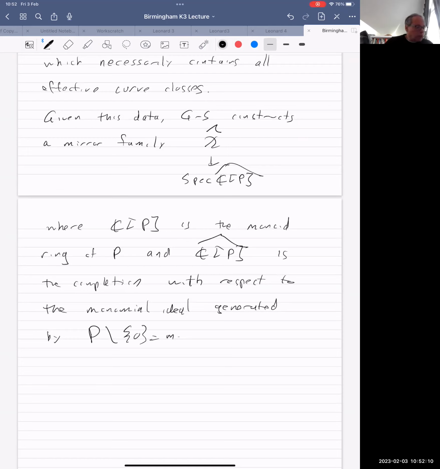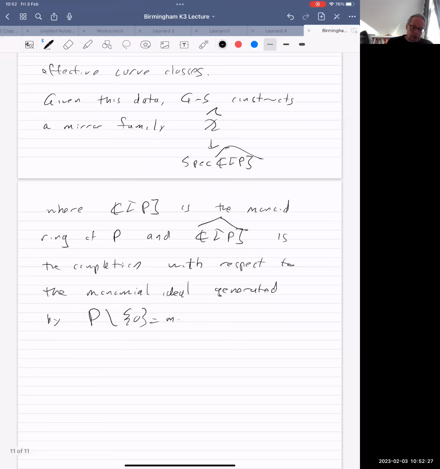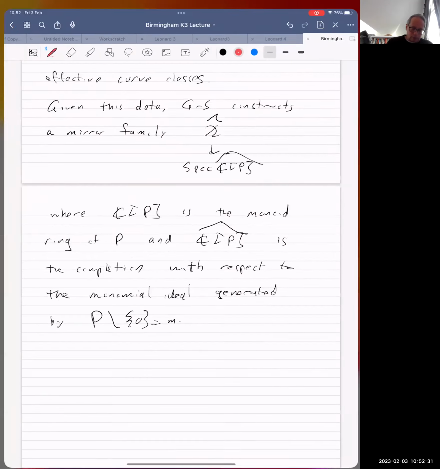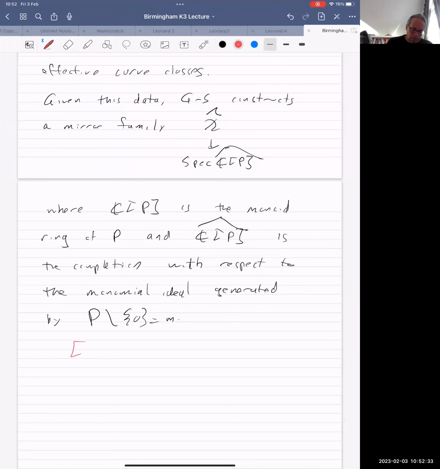We get a mirror family, and in some sense the generic fiber will be an M polarized K3 surface. So let me just say here that the method, this would be a talk of itself, but I think many of you have heard me talk about that before.